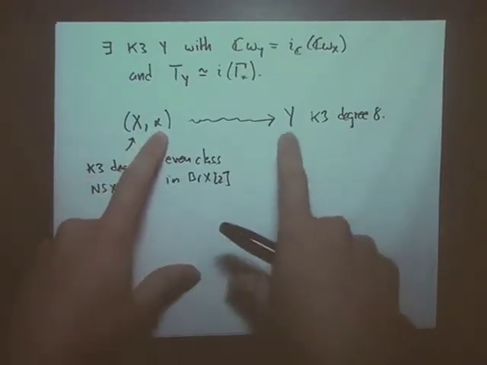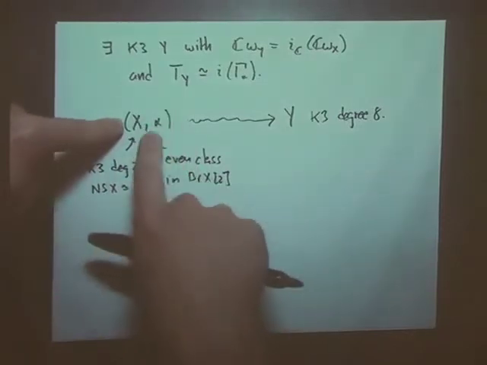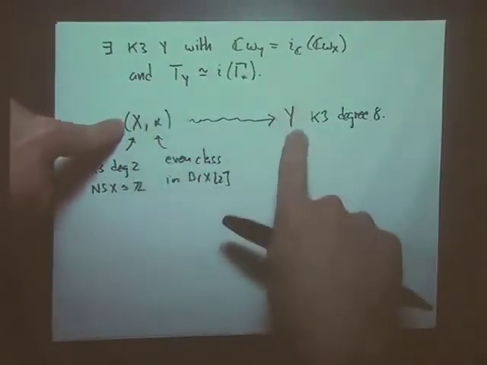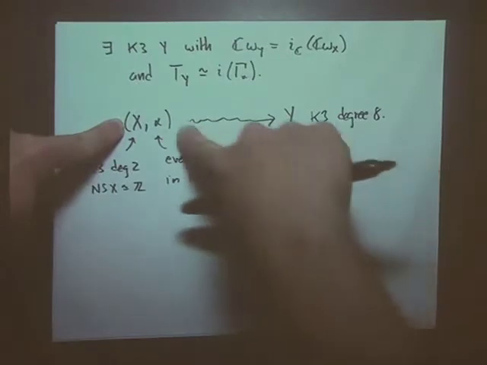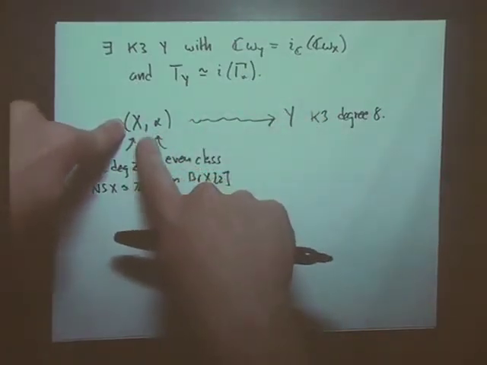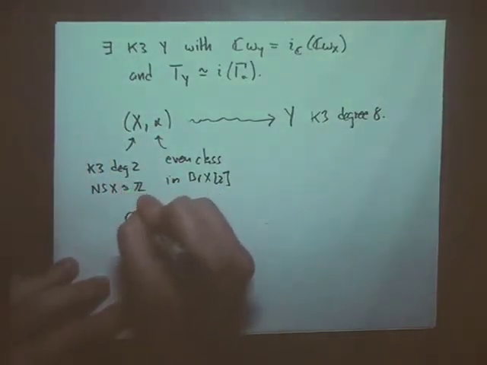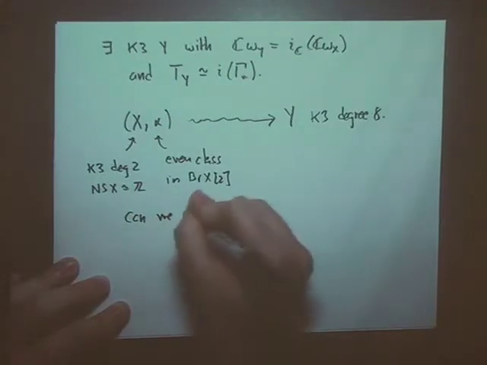And the hope is going to be to sort of, instead of looking at the association that starts with a pair and produces this auxiliary variety, maybe we could try to go the other way. I could start with this auxiliary variety and produce this pair in a really explicit way. So the question that we're going to focus on is, can we go the other way?